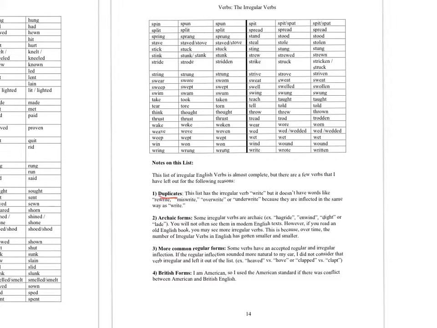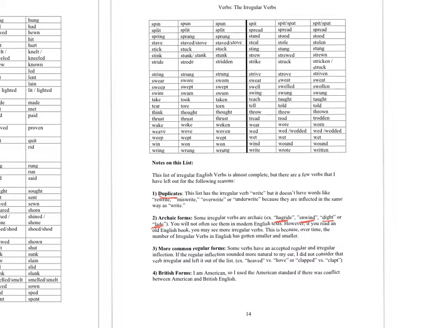If there are archaic irregular verbs that nobody uses anymore, these are verbs like hag, ride, wind, dight, or laid, I have not included them in my list because my grammar lessons are focused on modern standard English, modern standard academic English of the kind you would see on something like the SAT. If you read old English literature, you might encounter these verbs, but for our purposes, we're going to ignore them as archaic. Also, there are some verbs where there are both regular forms and irregular forms.